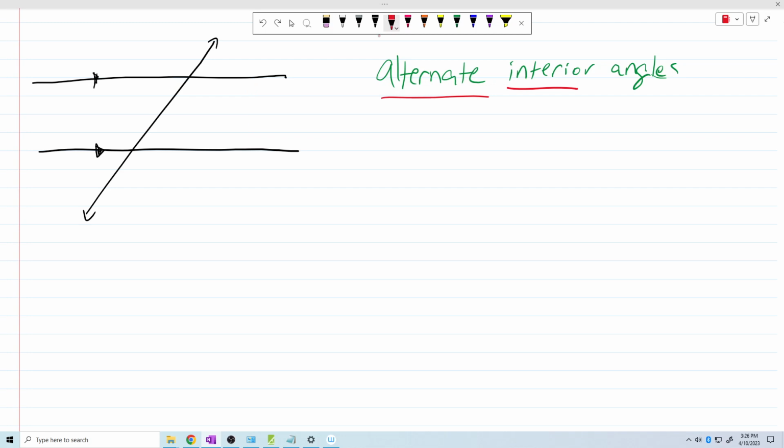Now, along the same idea, alternate exterior angles, well, think of the word alternate, right? These aren't alternate. They're not switching it up, right? And even visually, you can see that this looks a little bigger than this one. What you have to understand is that alternate means this, right?